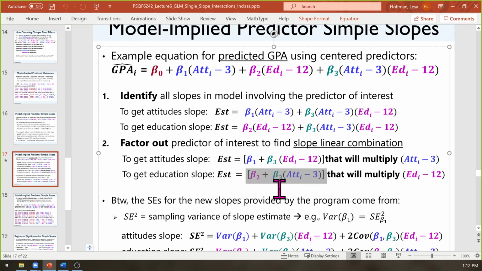So from there, the role of beta 3 is to describe what happens to the slope as a function of the moderator variable. Beta 3 in this first case says how much beta 1 changes per unit education. In the second case here, it's the opposite. Beta 3 describes how much beta 2 changes as a function of attitudes.